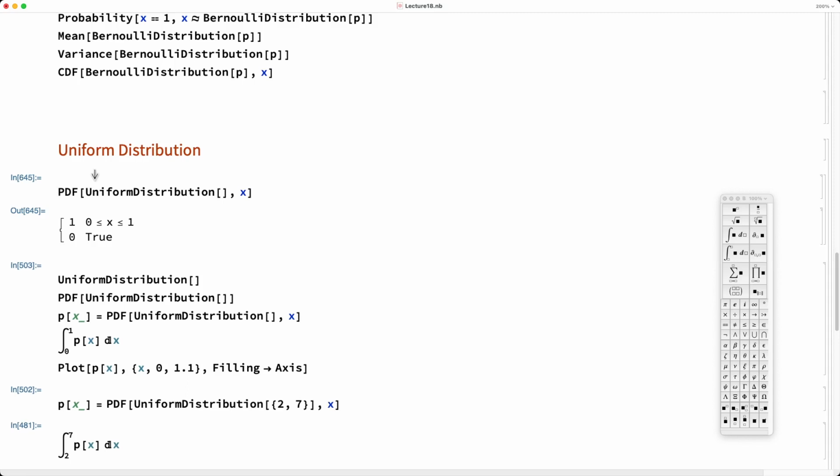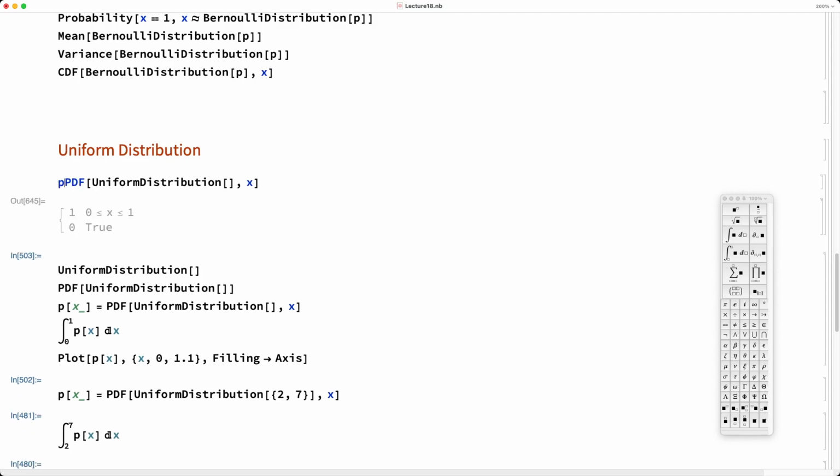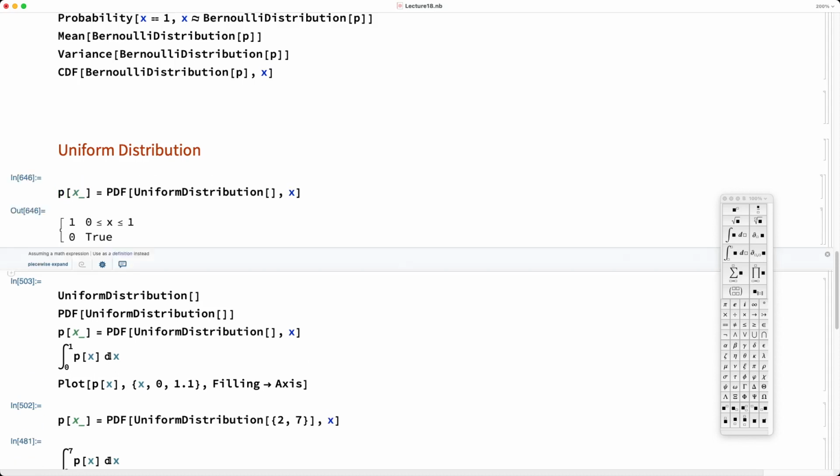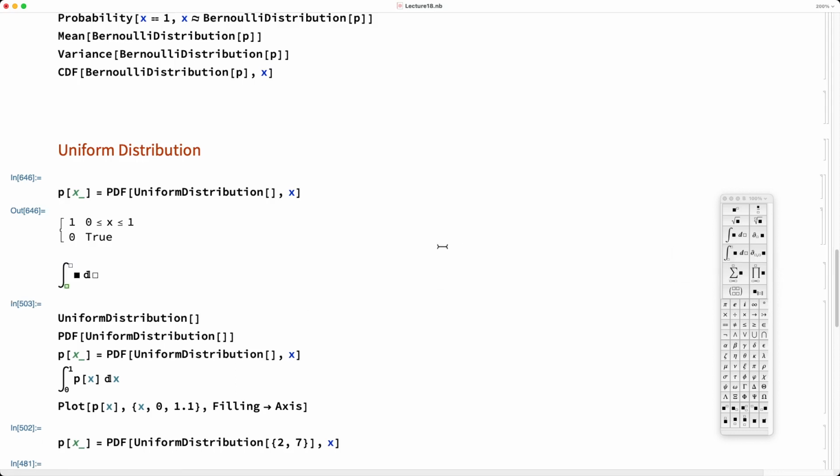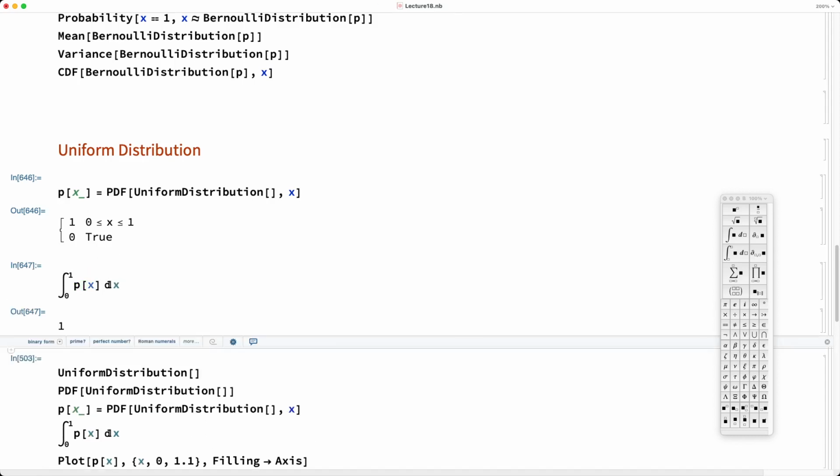We can define this to be a function, just for convenience. And then we can check, for example, that the integral between 0 and 1 of p(x) dx is equal to 1. So the total probability is normalized to 1.